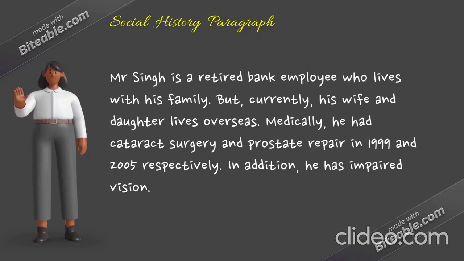So you can write both together: he had cataract surgery and prostate repair in 1999 and 2005 respectively. That means cataract surgery was done in 1999 and prostate repair was done in 2005. In addition, we can write what all the things are there.